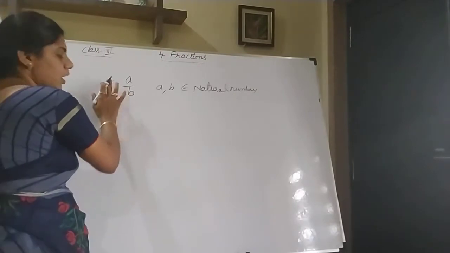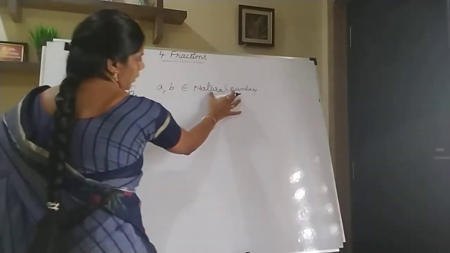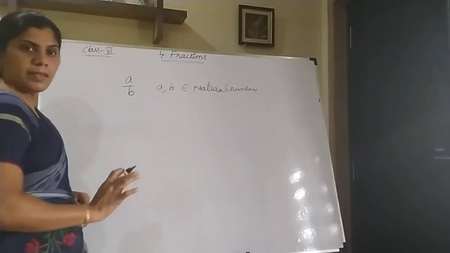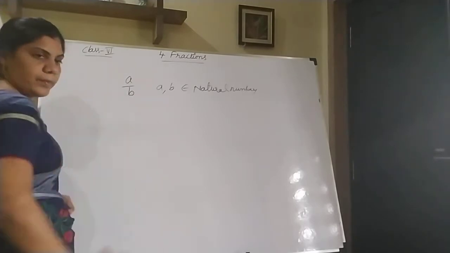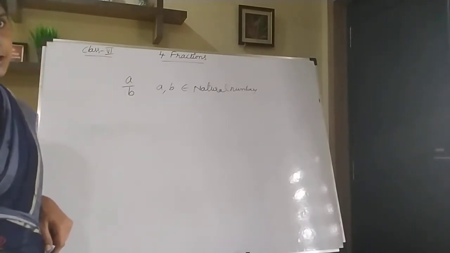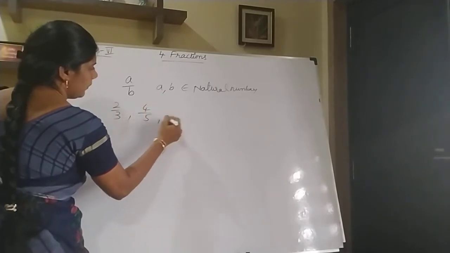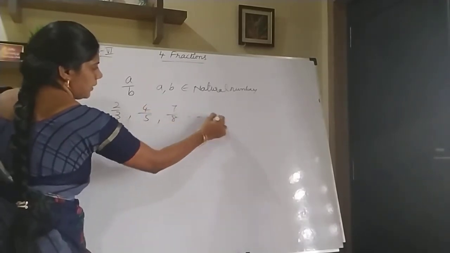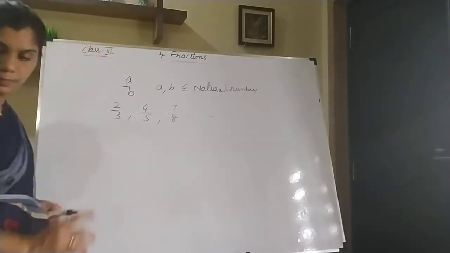Here I am not talking about negative numbers and also not talking about zero. Only natural numbers. Numbers we can form in this way, we call them fractions. See this one, 2 by 3, 4 by 5 and 7 by 8, like this. These are all fractions.